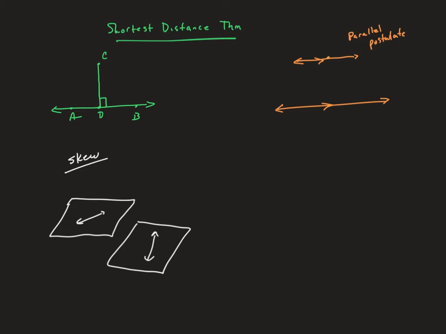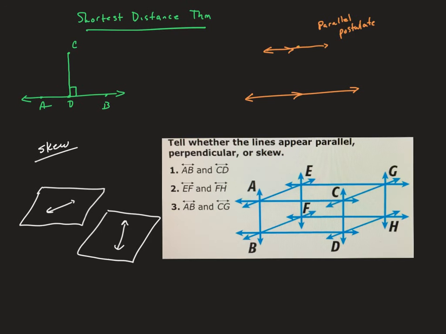Looking at this diagram, we need to tell whether the lines appear to be parallel, perpendicular, or skew. Line AB and line CD appear to be parallel.